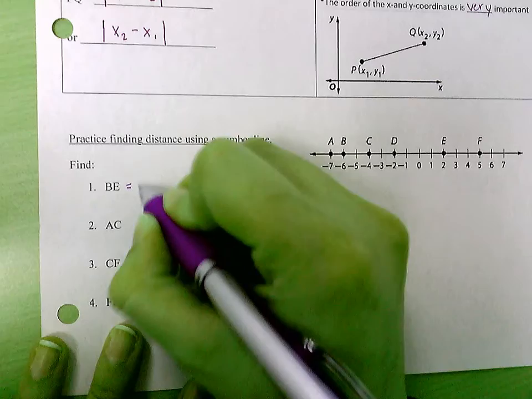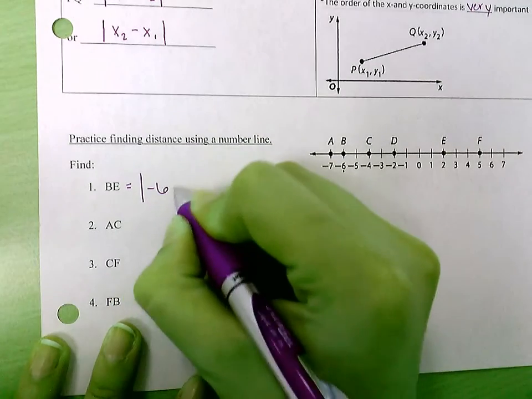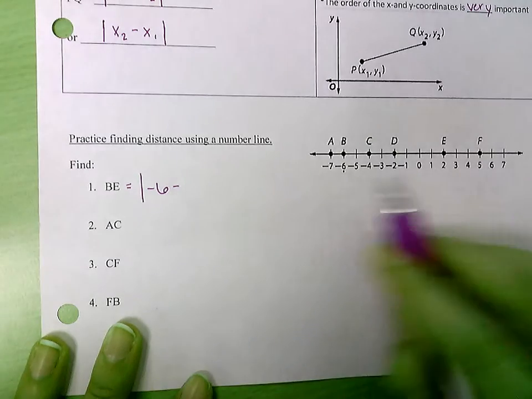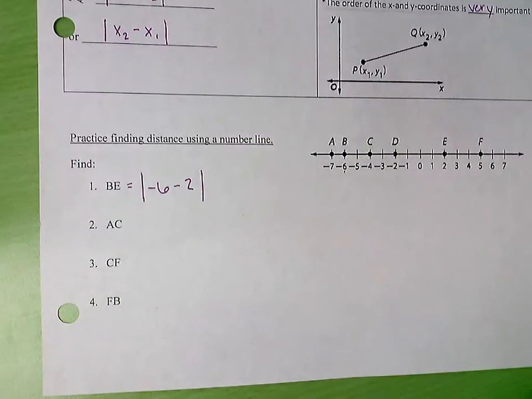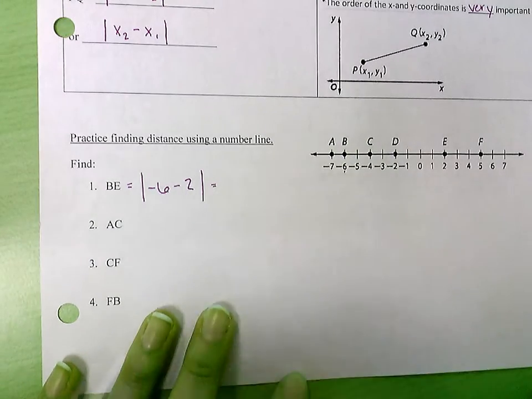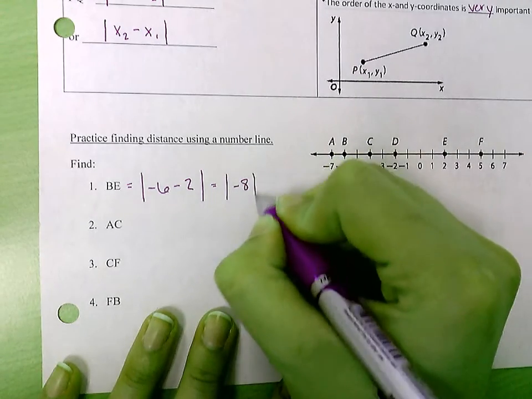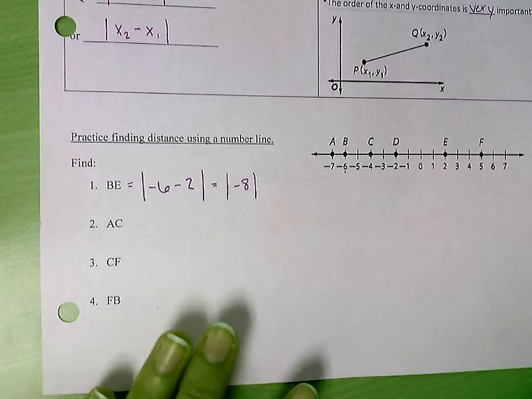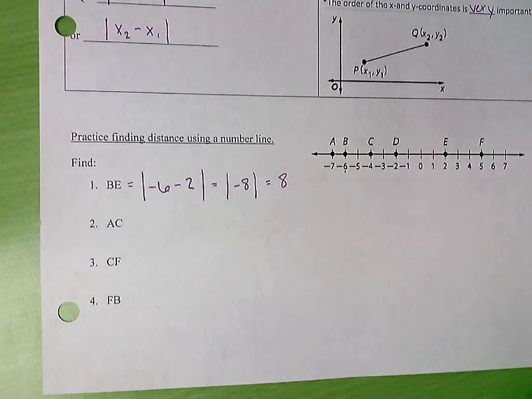So we'll take the absolute value, point B is at negative 6, minus point E is at 2, and our absolute value there. So simplifying, we have negative 6 minus 2. Okay, we'll get negative 8. And I want to take the absolute value of that to make sure it is positive. Okay, so the distance between those 2 points would be 8.